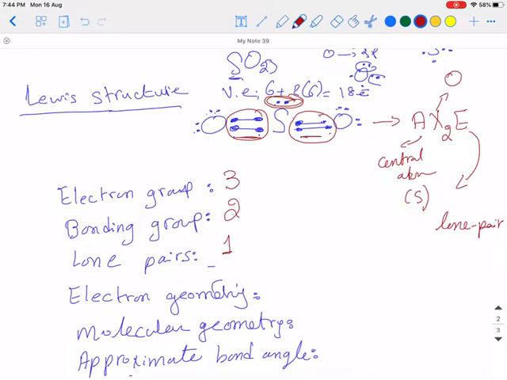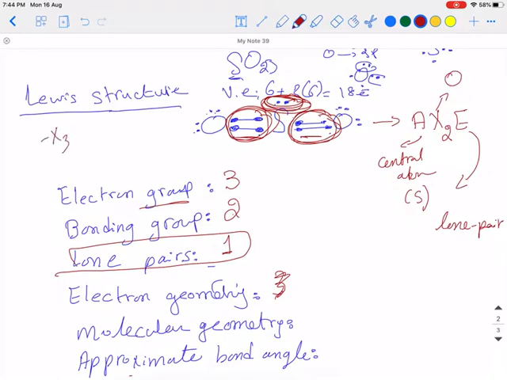So here, as you see, 2 and 1, which means that there is one pair of electrons, as if 1, 2, 3. So the electron geometry is 1, 2, 3. But the molecular geometry, the electron groups are 3, but the molecular geometry is not trigonal planar, because as you've seen in the first example, AX3, the molecular geometry was trigonal planar.